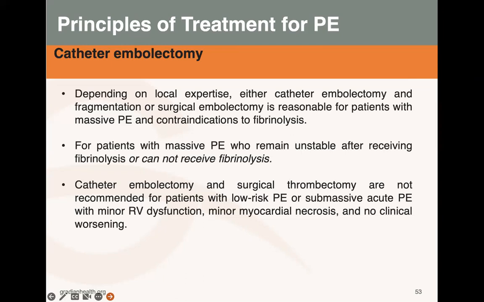And it's for patients who have to be stable, okay? You cannot take a patient who is unstable, sometimes it's not very easy. If they're unstable with massive PE, and you have tried the fibrinolytics and it's not working, then we can consider catheter embolectomy. It's like the last resort, but the first treatment should be the fibrinolytics.